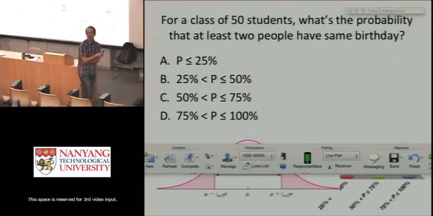So we just feel the probability will be very low. Is that true? The probability that we find 2 people have the same birthday among 50 students is 97%. So you can see, don't ignore this boring lecture.